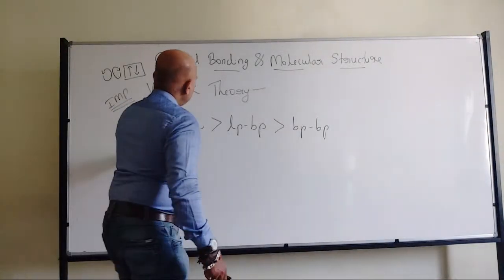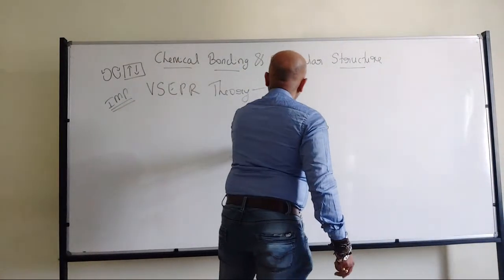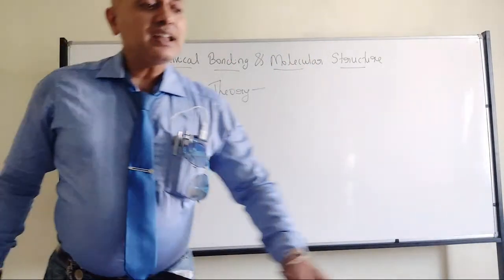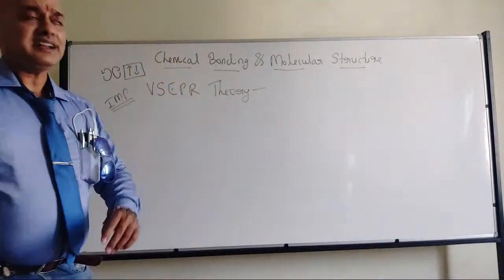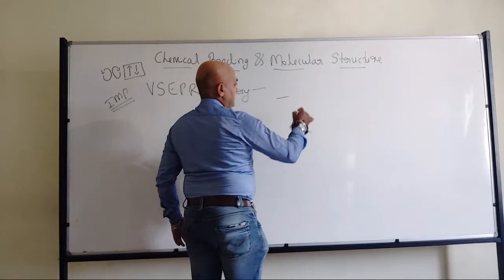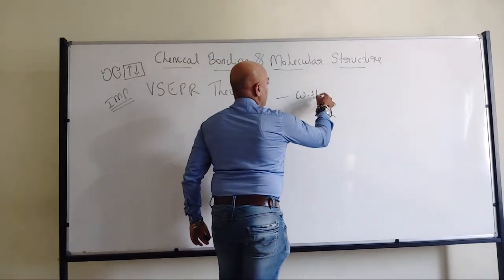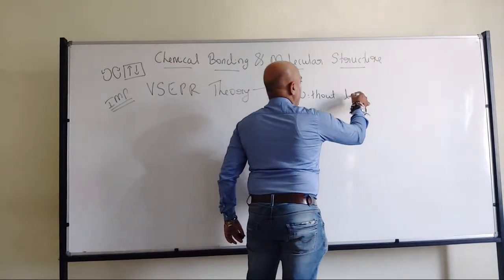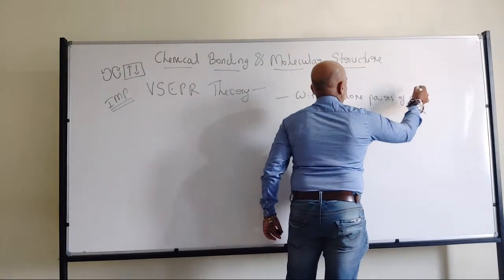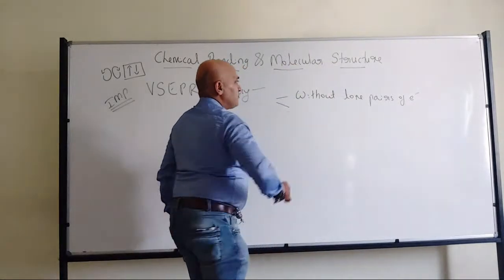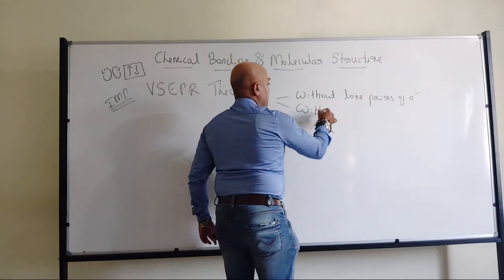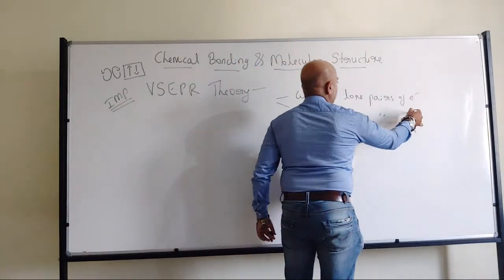According to VSEPR theory, when I am talking about molecules, they will classify them into 2 categories. One is without lone pairs of electrons, and another one is with lone pairs of electrons.